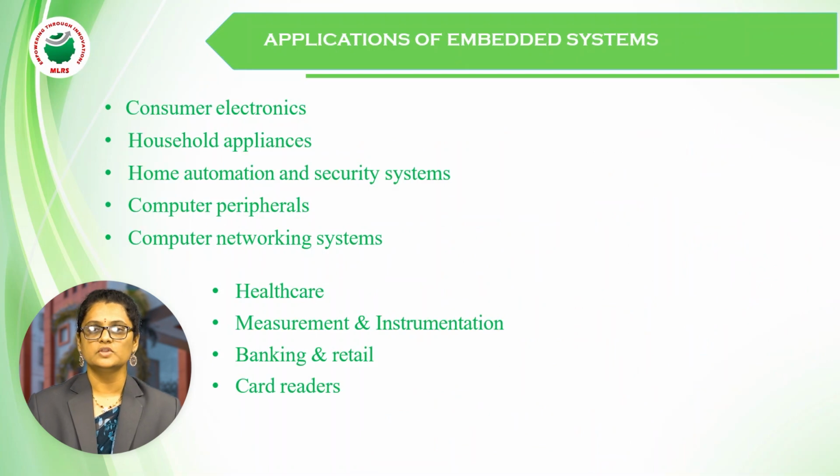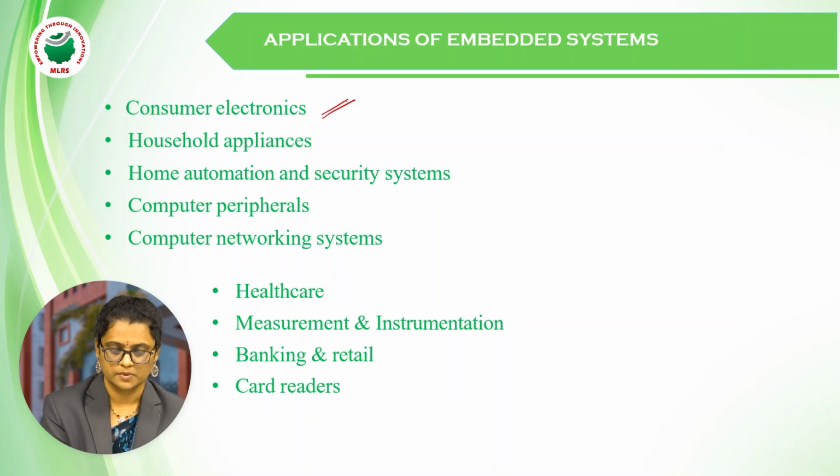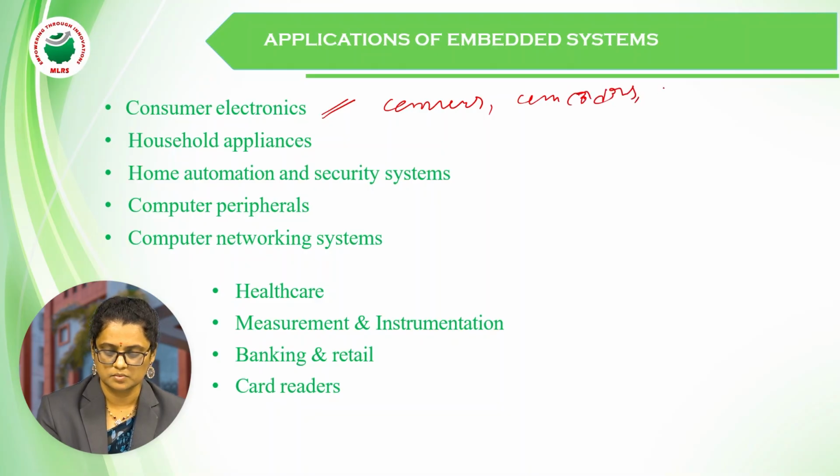And then coming to the applications. There are many applications of embedded systems. The first one is consumer electronics. The best examples in consumer electronics are cameras and camcorders, mobile phones.